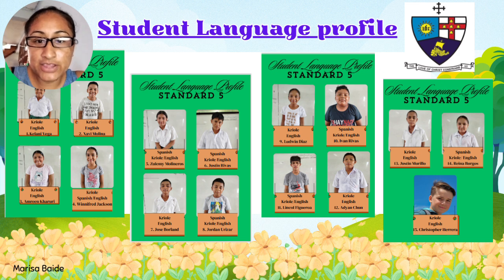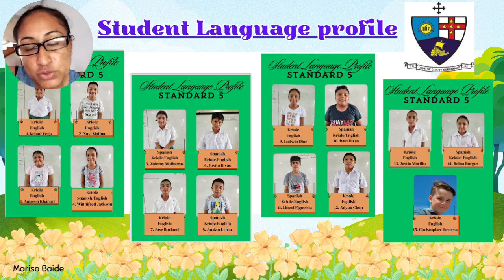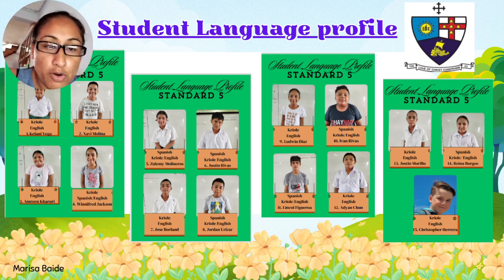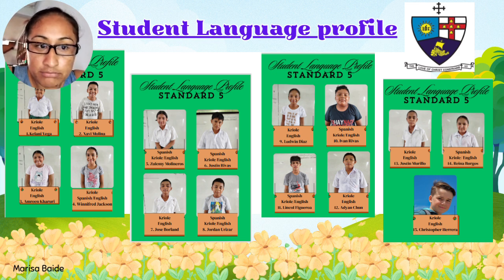Okay, this slide now shows our students' language profile. This is a detailed description of the 15 students that we have in this Standard 5 class at Hope Creek Methodist School and the different languages that they speak. If you look at our students, we have a variety of languages spoken, such as Creole, English, and Spanish, right?